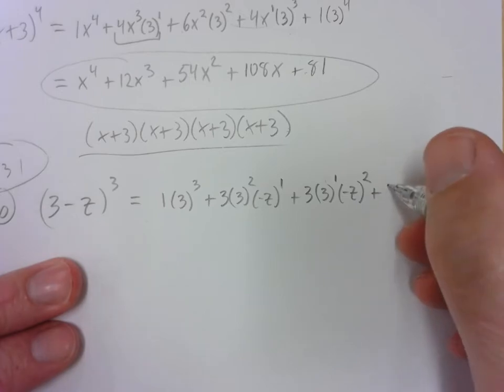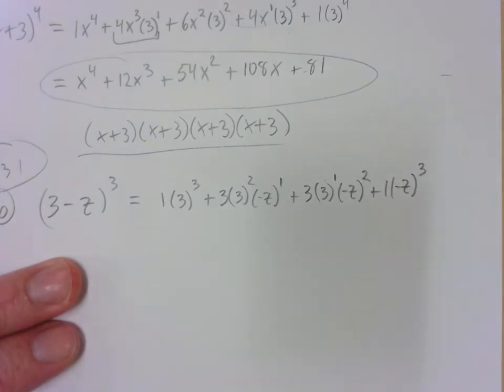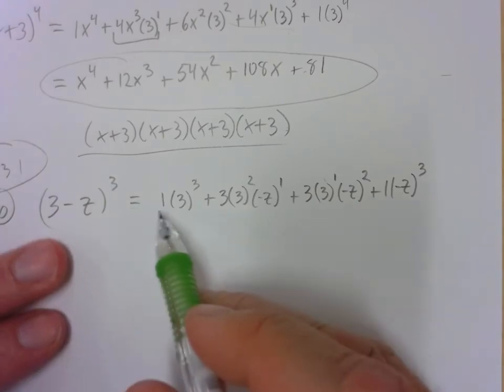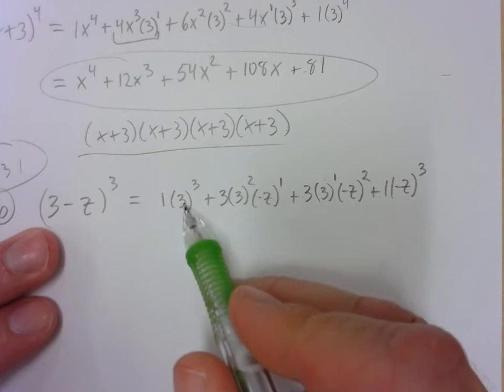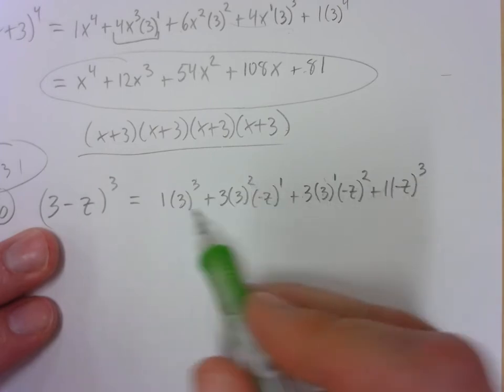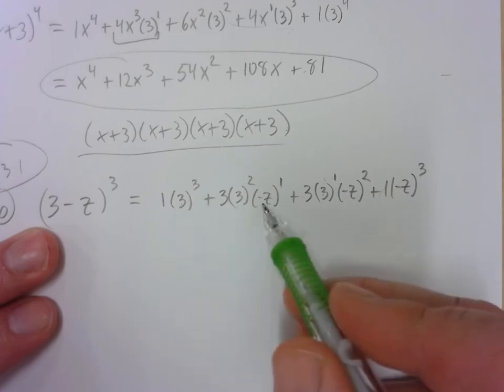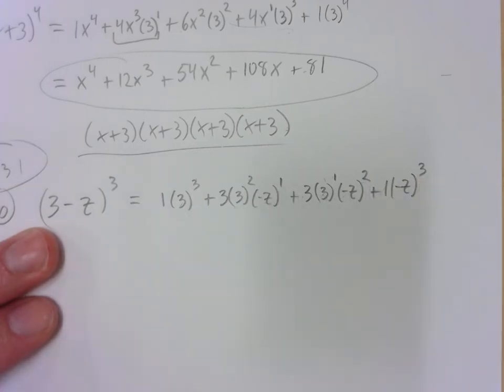Plus 1, negative z to the third. So I still have the pattern going here: 1, 3, 3, 1, 3 to the third, 3 to the second, 3 to the first, no 3, no z here, negative z to the first, negative z to the second, negative z to the third. So it's matching all the pattern.